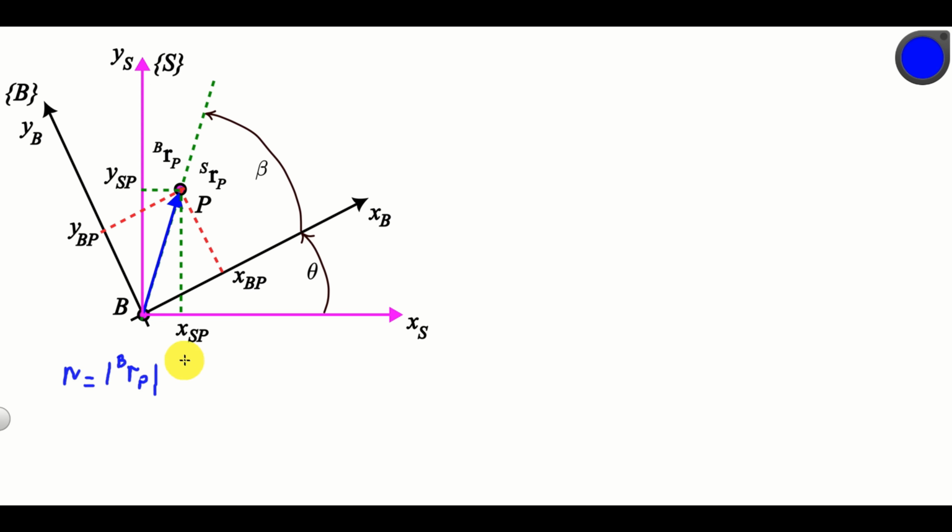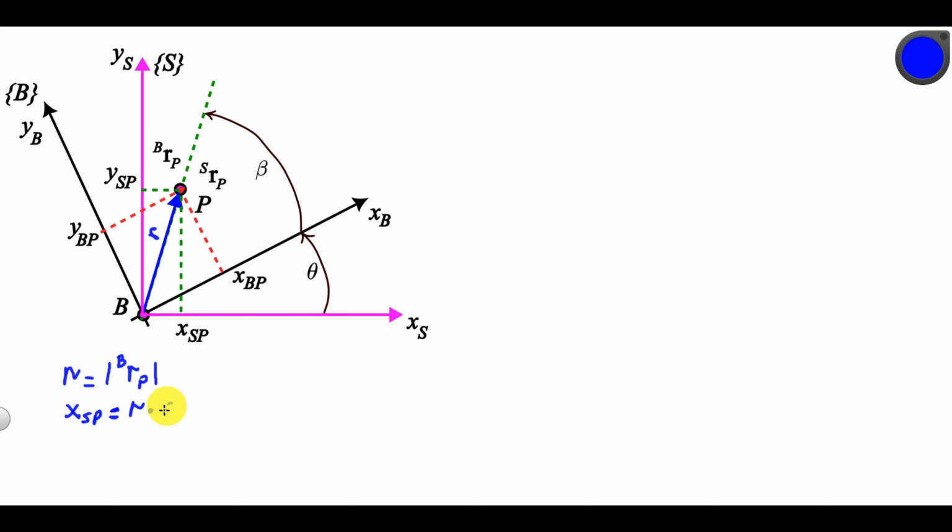Next, from this figure over here, we have XSP is equal to the intensity of this blue vector, denoted by R, multiplying the cosine of the angle theta plus beta.